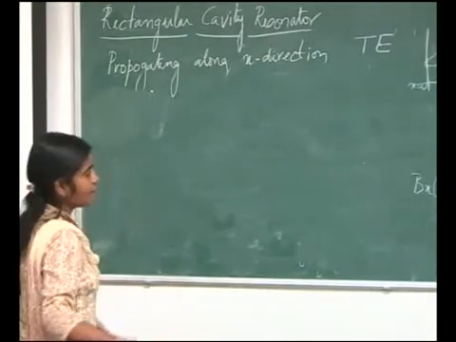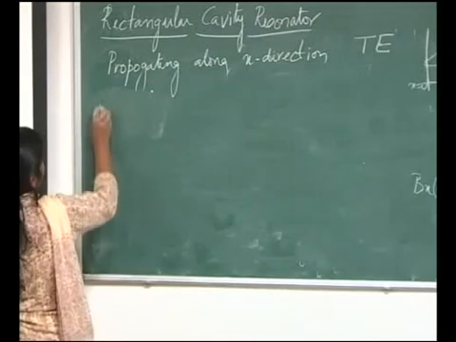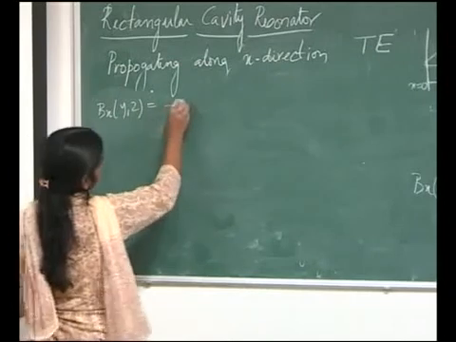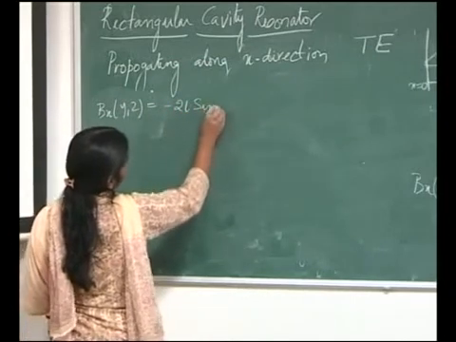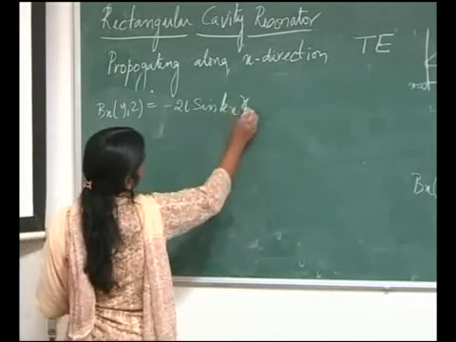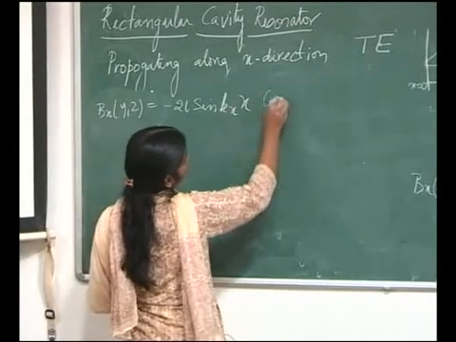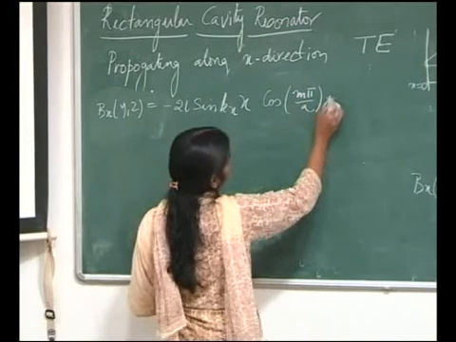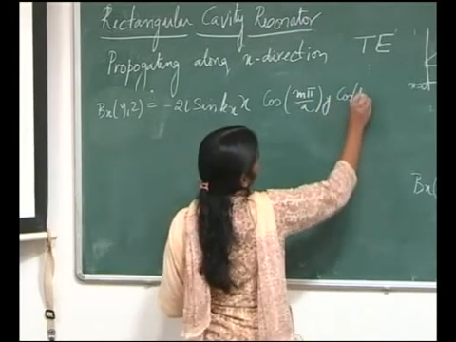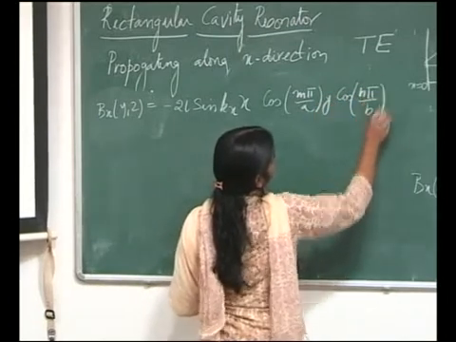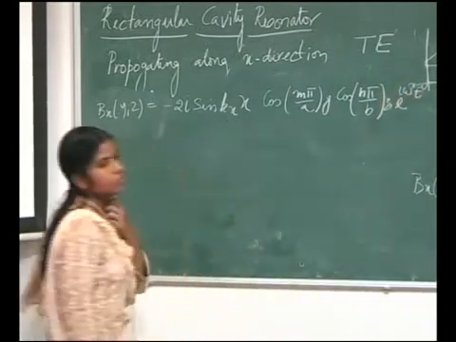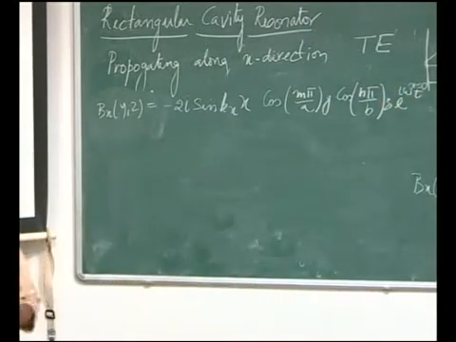So I will just simplify this equation. So I will have Bx yz is equal to minus 2I sin kxx cos m pi by a into y and cos n pi by b into z into the time varying term.